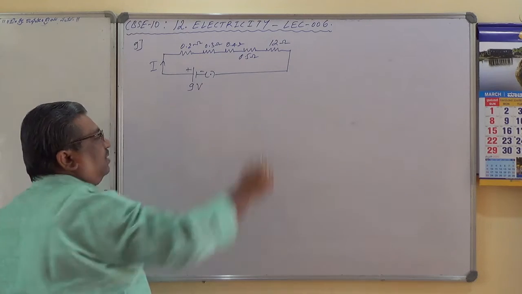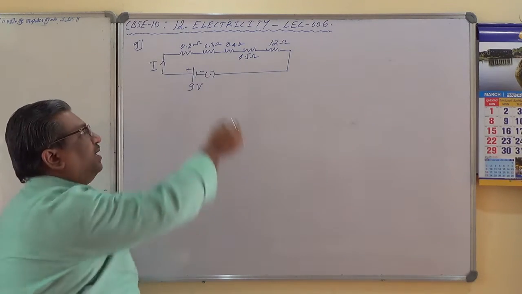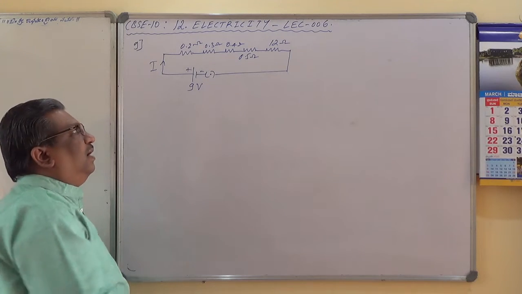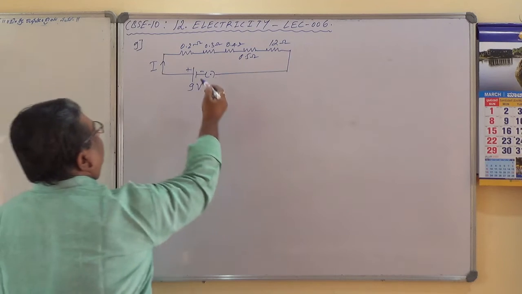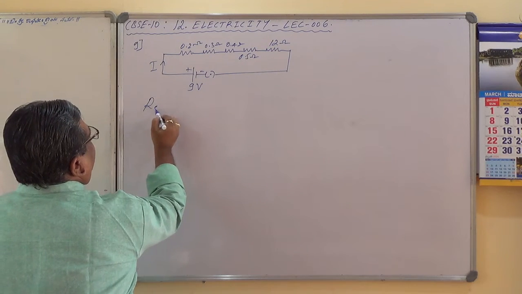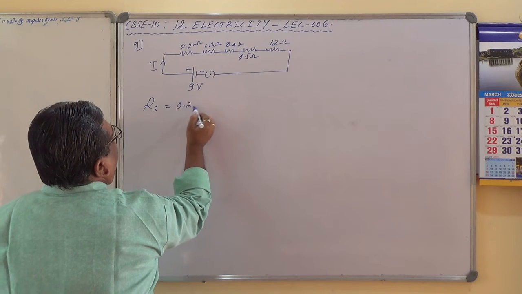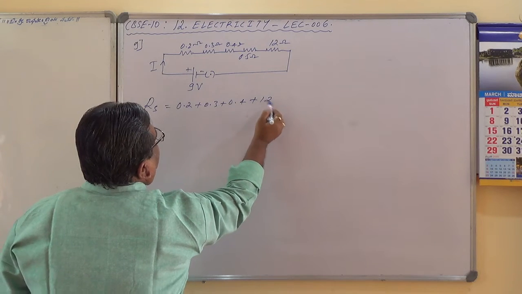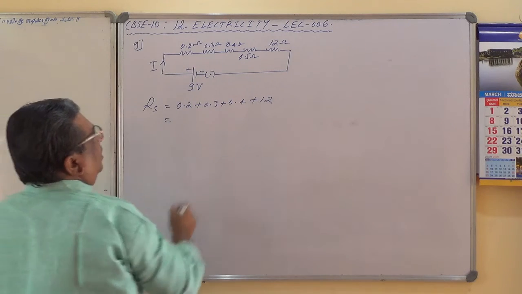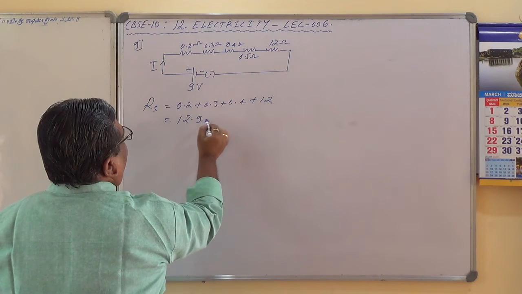In series connection, the current remains same across all the resistors. So find out the equivalent resistance Rs and apply Ohm's law. So first of all, equivalent resistance Rs equals all these resistors put together, 0.2 plus 0.3 plus 0.4 plus 12, which equals 12.9 ohms.